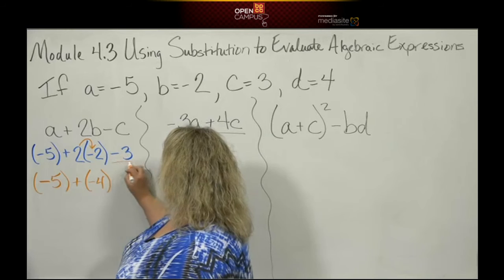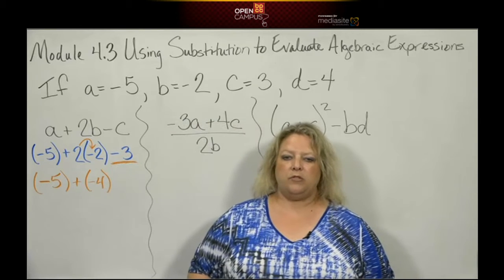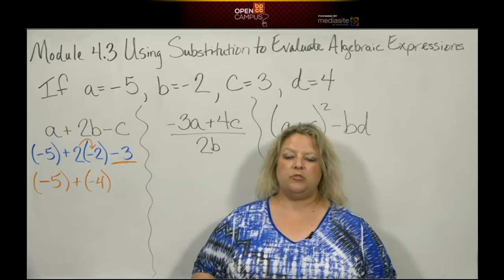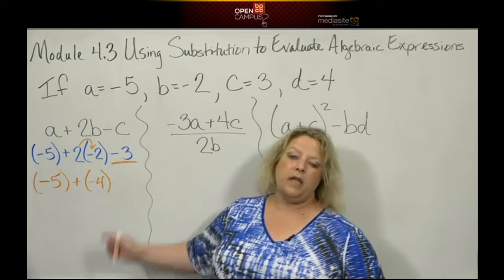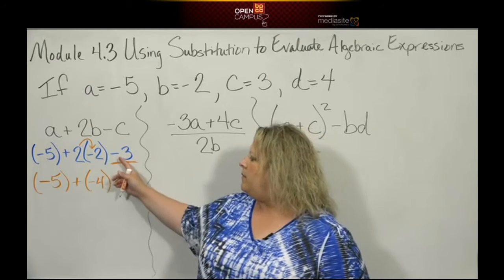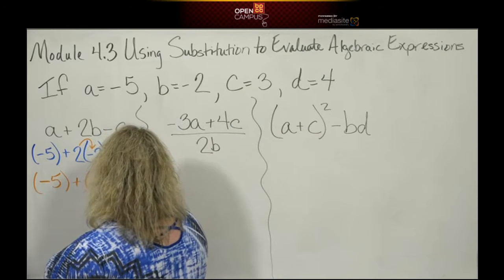Then I have -3 right here, subtract 3. Remember from previous modules, what does subtraction really mean? Subtraction means to add the opposite. So if I want to, I can go ahead and rewrite that. Add the opposite of 3. Well, the opposite of 3 is -3.